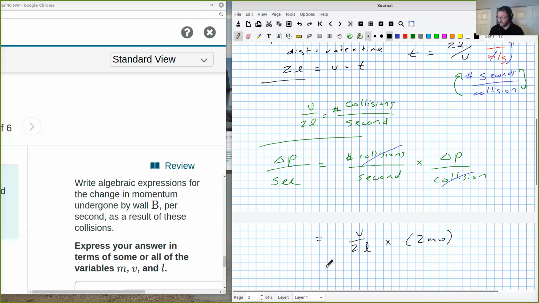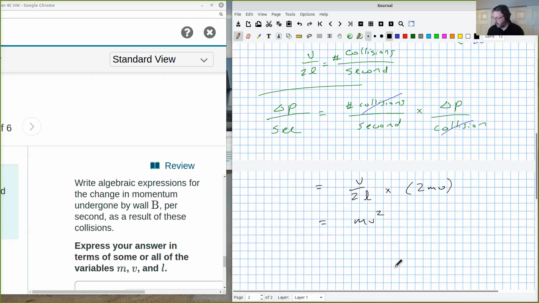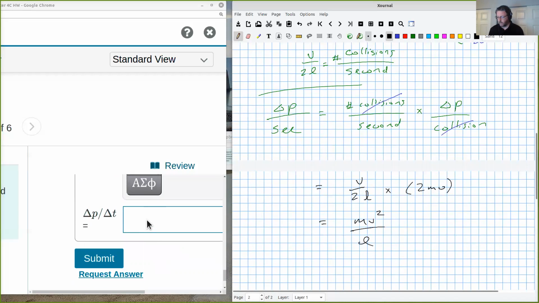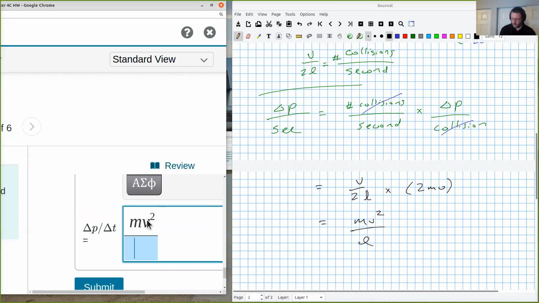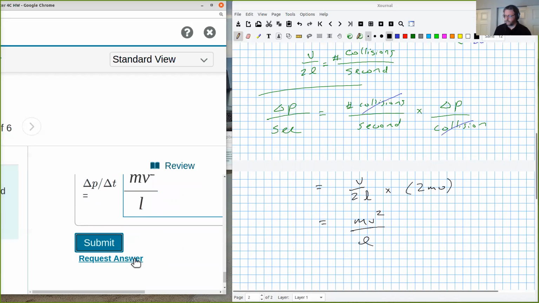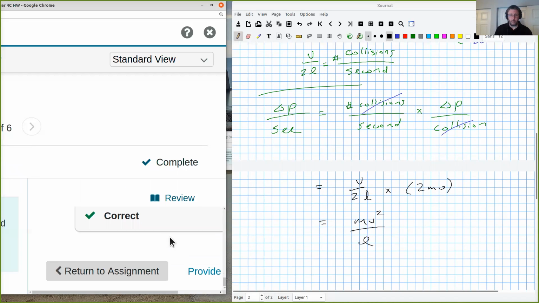The 2's are going to cancel, and the v's will combine into v squared, and you get mv squared over L. So mv squared divided by L. And we're done with the problem.